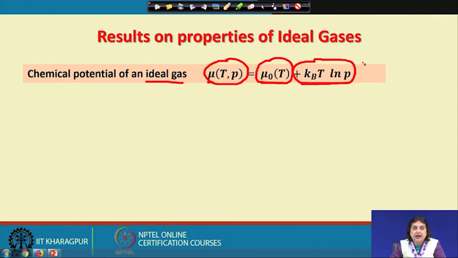And the question that I ask here is as follows: is it possible for me to start from the expression of capital Q and small q that I have used here and explain why an ideal gas should have a chemical potential whose expression separates out into two terms like this? So, what is mu naught T?